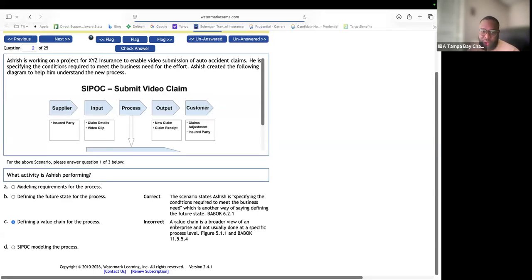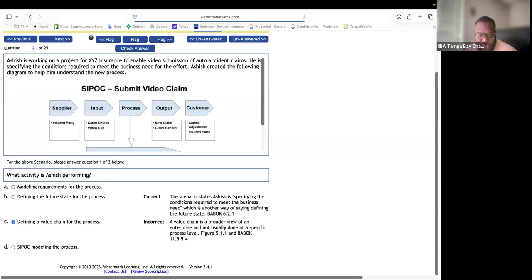Maybe in real life this might apply, but for the BABOK, defining the future state is the same thing as specifying the conditions required to meet a business need, which I can debate because I don't necessarily agree, but it remains my opinion. Since we studied the BABOK, we have to stick with what it says. So keep in mind that anytime it refers to specifying conditions to meet a specific need for a business, it is referring to defining the future state.